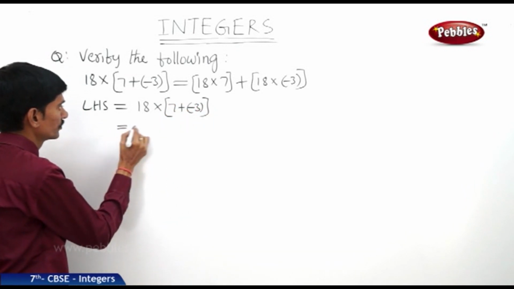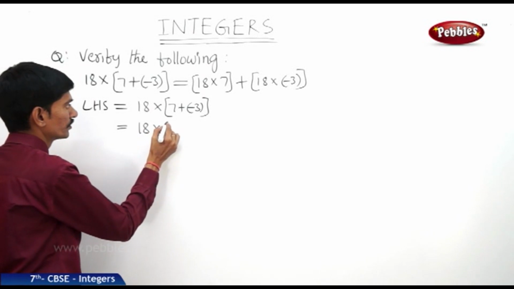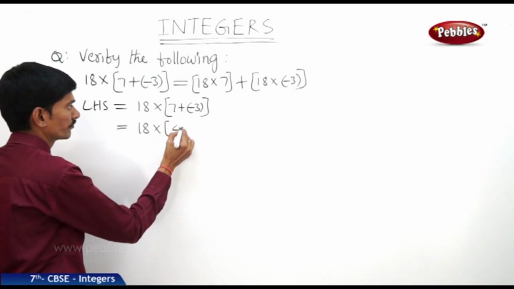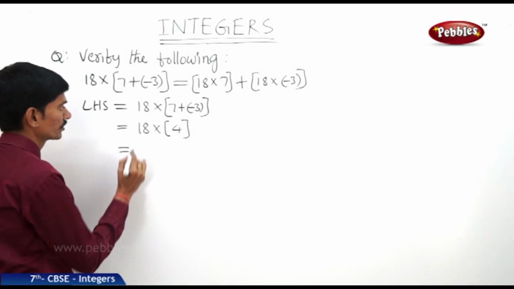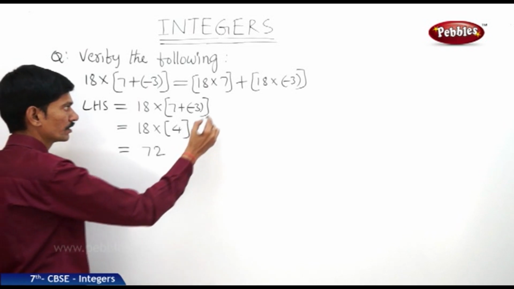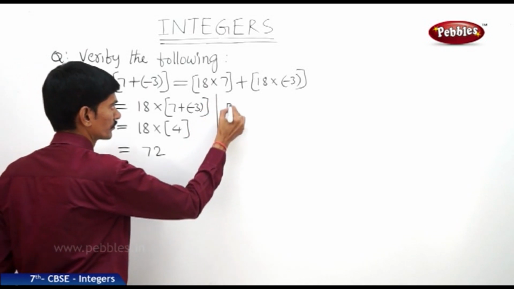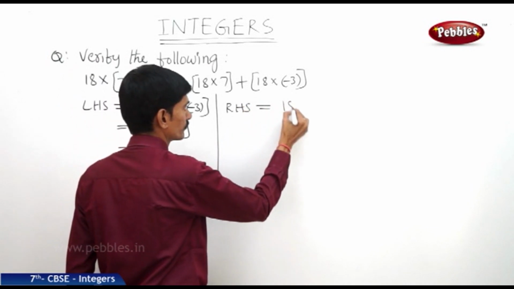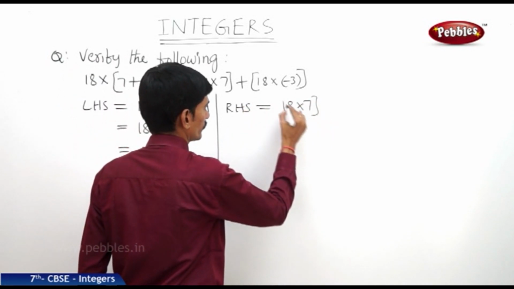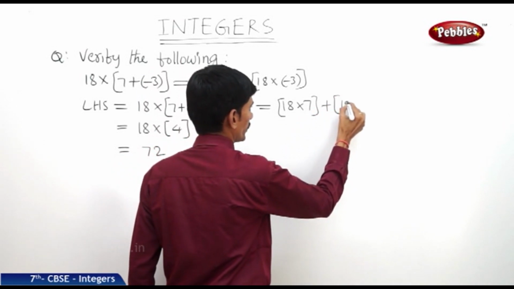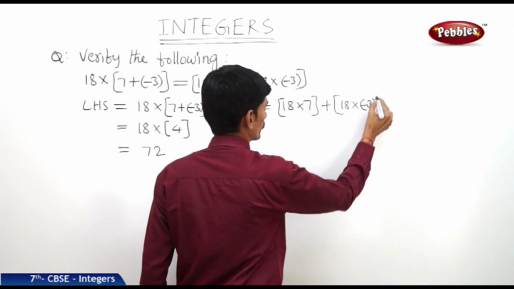Now this equals 18 into 7 minus 3, which is 4. So here 18 4s are 72. Now we will find the RHS. So that is 18 into 7 plus 18 into minus 3.